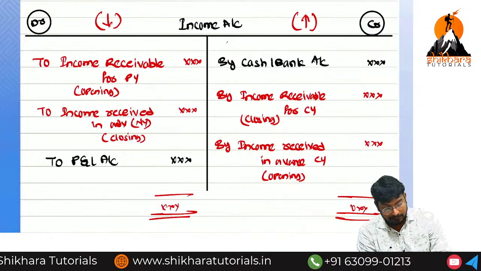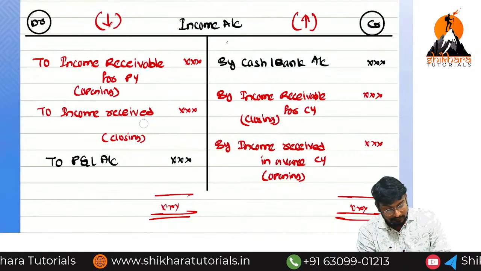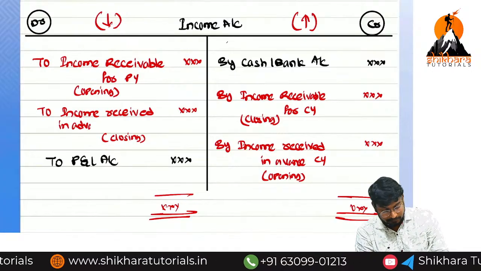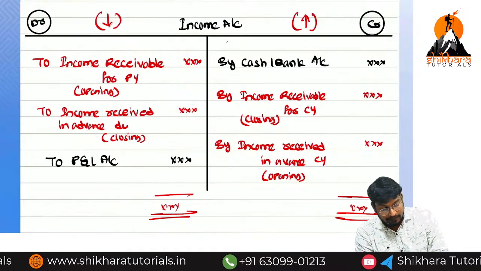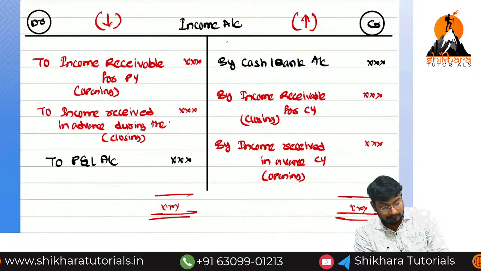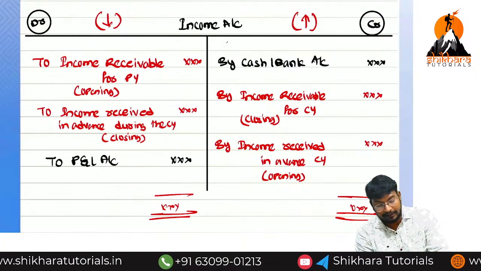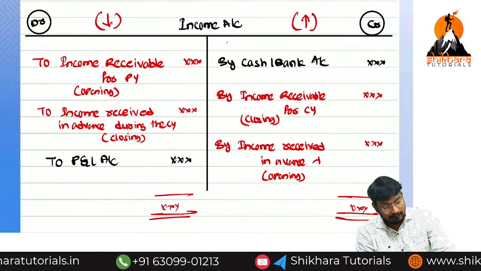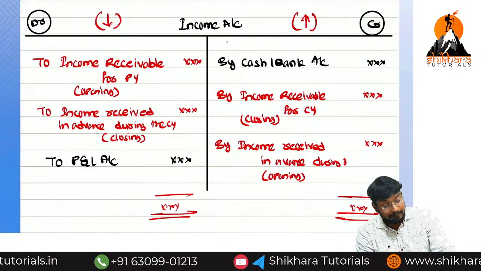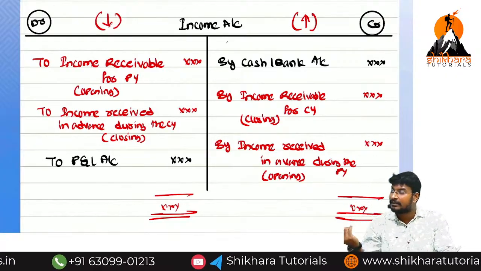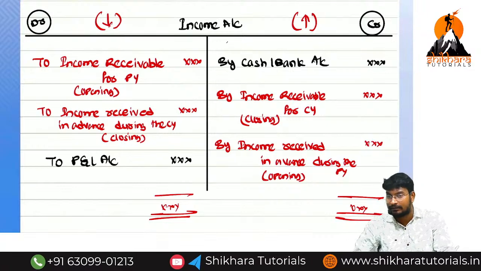Or we can write income received in advance during the current year. Here we can write income received in advance during the previous year. Income received in advance during the previous year means it is related to current year.